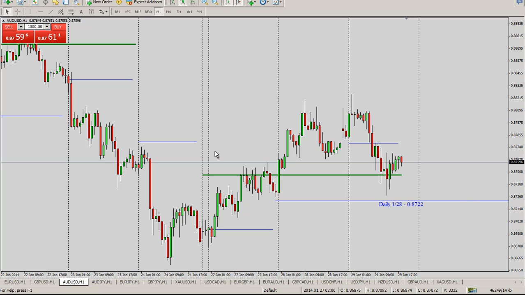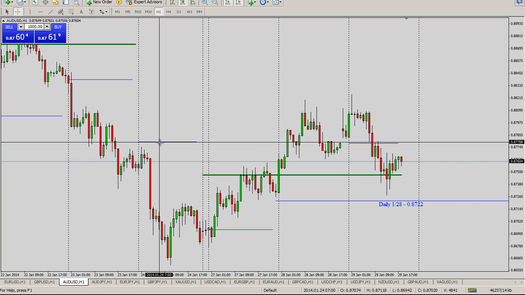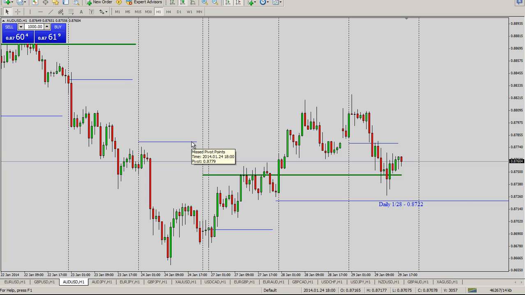And so when we use these as profit targets, they're great areas to trade back to. Remember that markets love to move back to pivot points. So as this is a missed pivot point, you can see that the Australian dollar US dollar ran about 120 pips away from that pivot point. And by the next day it started working its way back, and it took about 2 days to get back to this level of the missed pivot point.